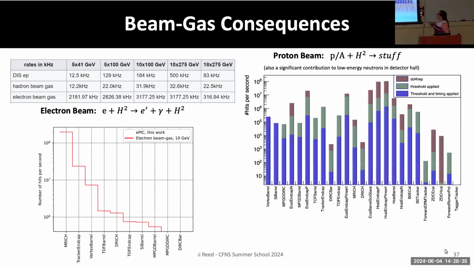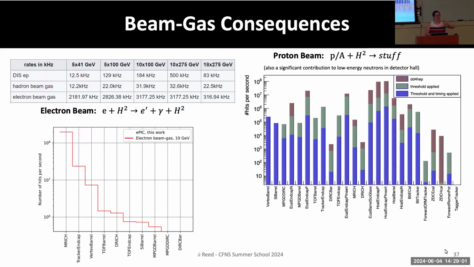One aspect of this that's really quite important is this is showing the different collision energy possibilities. This is the collision rate of your DIS, so this is your electron on proton, what we all know and love. And this is showing the collision rate of the hadron beam gas events.